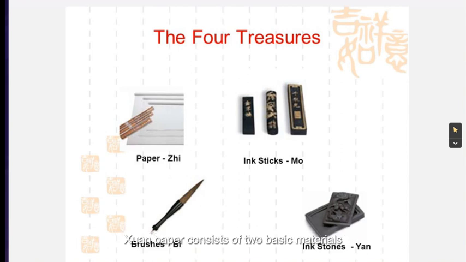Xuan paper consists of two basic materials: sandalwood bark fiber and straw fiber. Paper made in this way permeates water very well. So on a piece of water-absorbing paper, a certain speed is needed in the writing process.